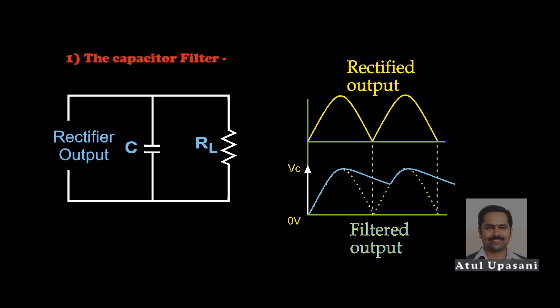So it will take a long time to completely discharge the capacitor. So the voltage across the capacitor will decrease slightly, and the next cycle of the AC input voltage again charges it back to peak value, and this will happen again and again because the cycles are repeating. The capacitor will never discharge completely.